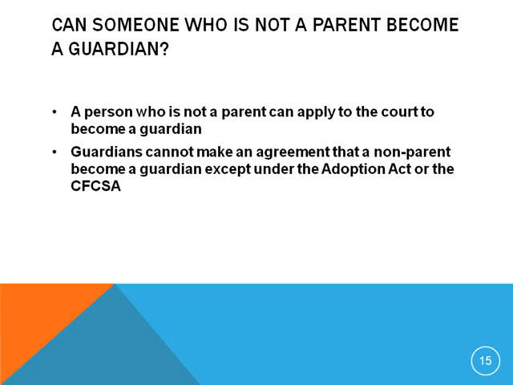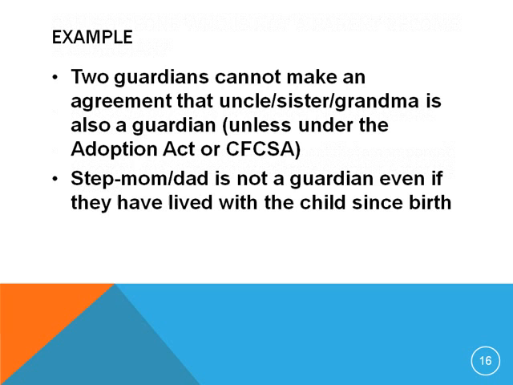So an example to bring this to life is that two biological parents, say, cannot make an agreement that uncle, sister, grandma is a guardian unless, again, under the Adoption Act or the CFCSA.